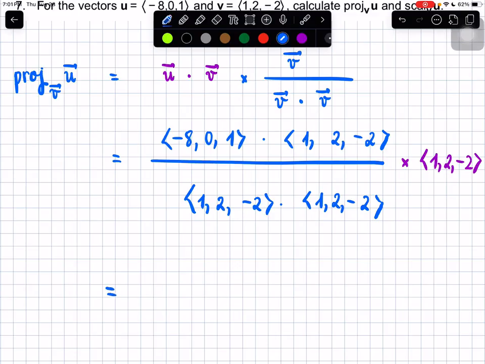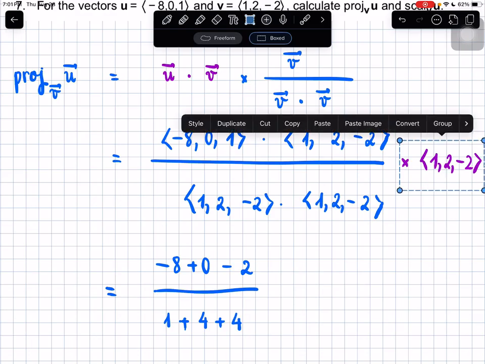So the scalar numerator is -8 plus 0 minus 2. In the denominator we have 1 plus 4 plus 4, times this vector.